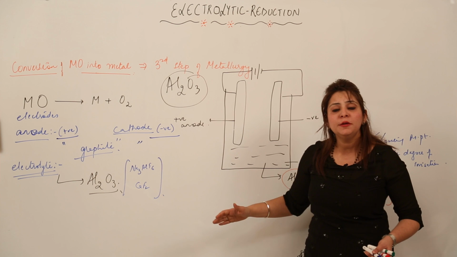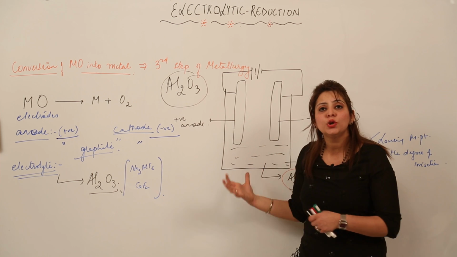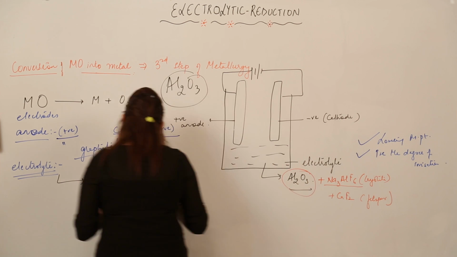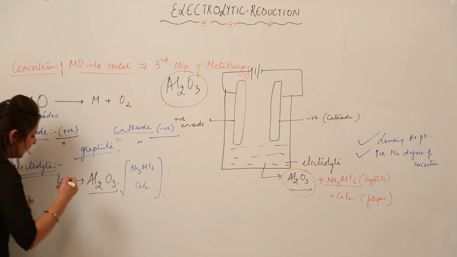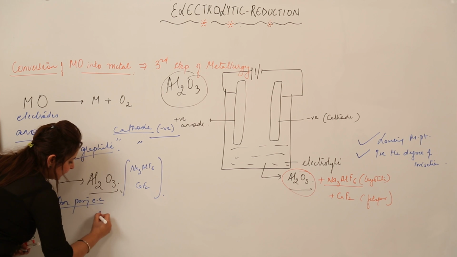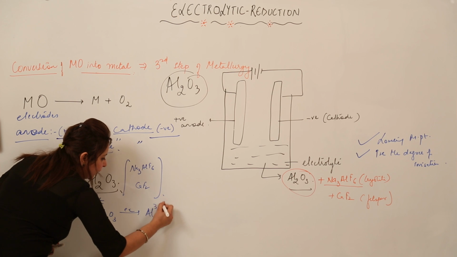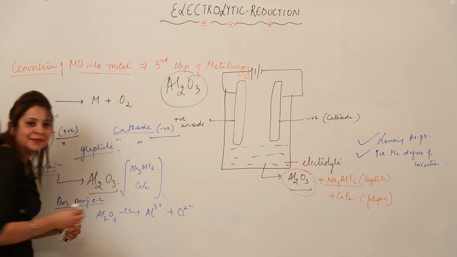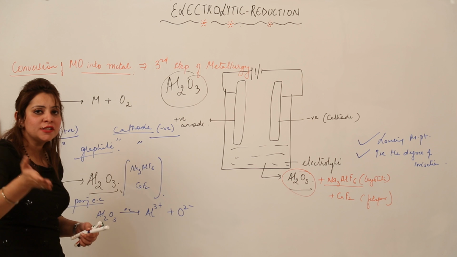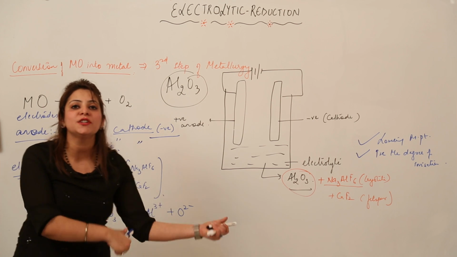Now we will look at the mechanism: what happens when we pass electric current, and how this Al2O3 gets reduced. On passing electric current, this Al2O3 will dissociate to form its respective ions. As you know, a positively charged ion moves to the oppositely charged electrode.